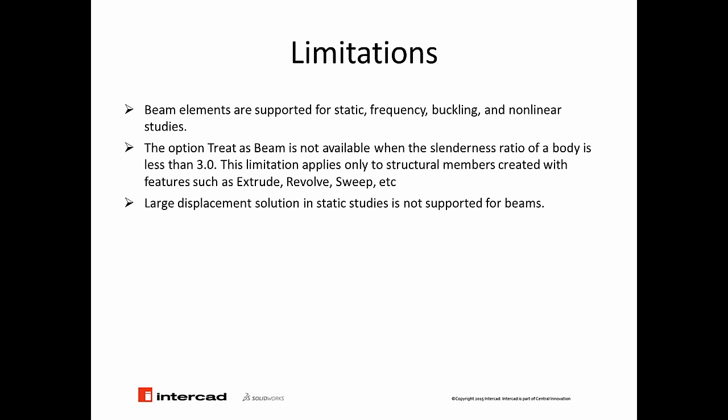If you are creating any extrude, revolve, or sweep geometries and the slenderness ratio is less than 3, you won't get the option to treat them as a beam. And one important thing: large displacement solution in static studies is not supported for beams at the same time.